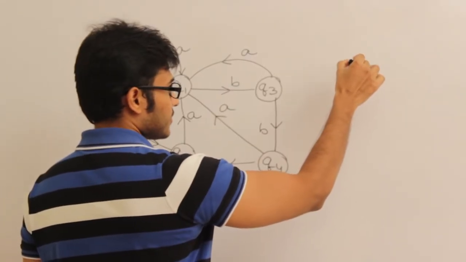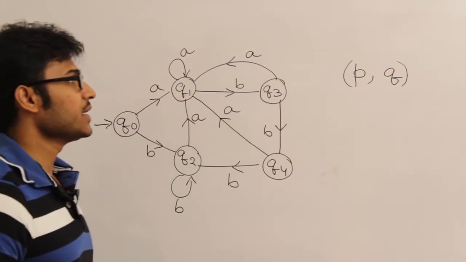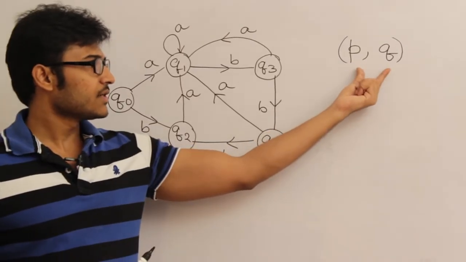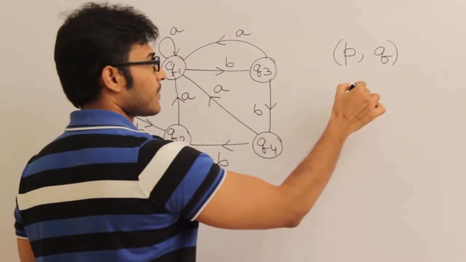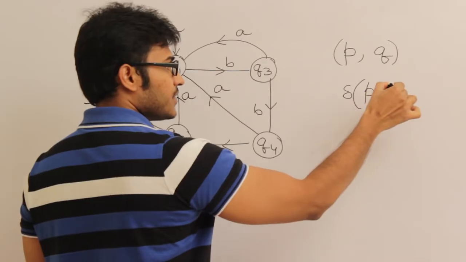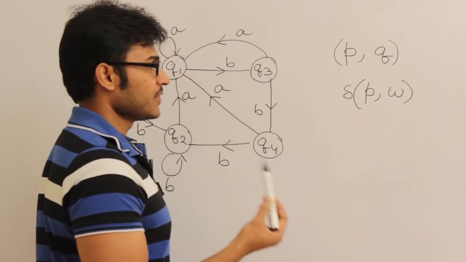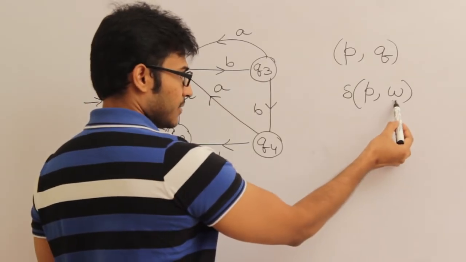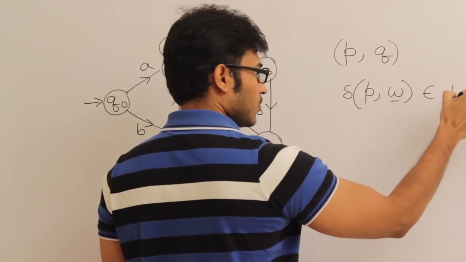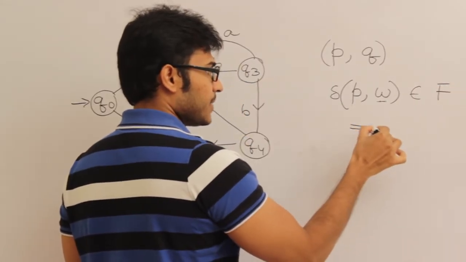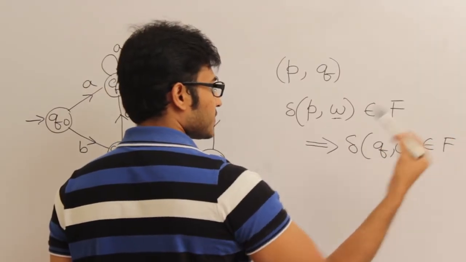Let us say there are two states, P and Q. We say that these two states are equivalent, and can be replaced by a single state, if P on seeing any input string W goes to a final state, which implies that Q also goes to one of the final states.